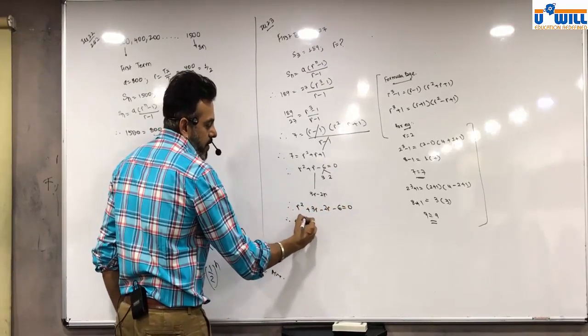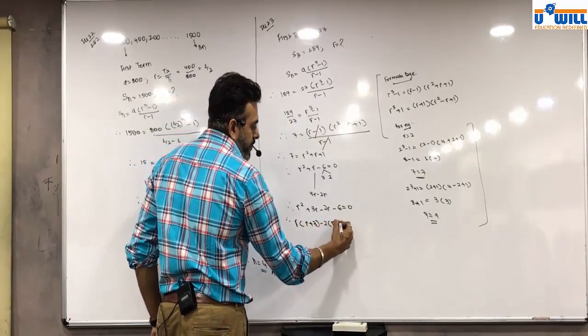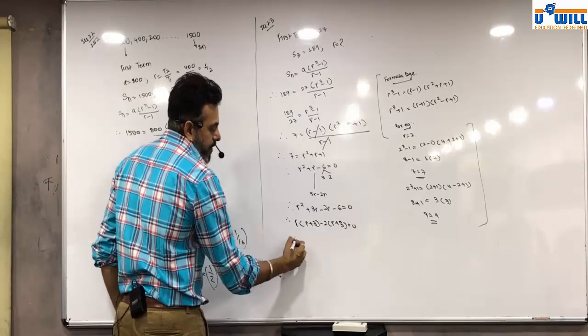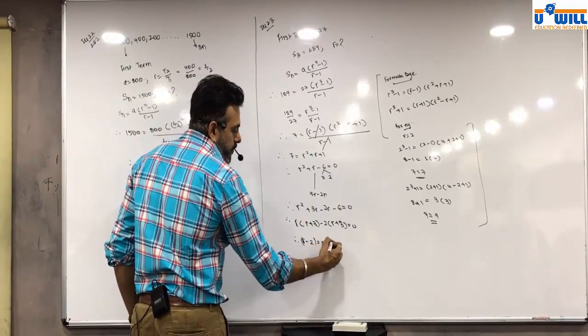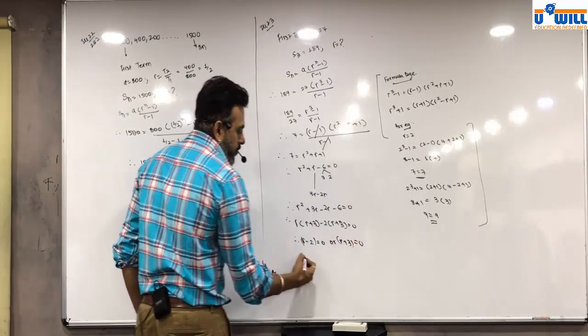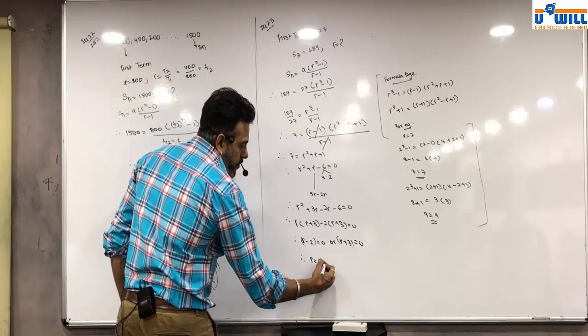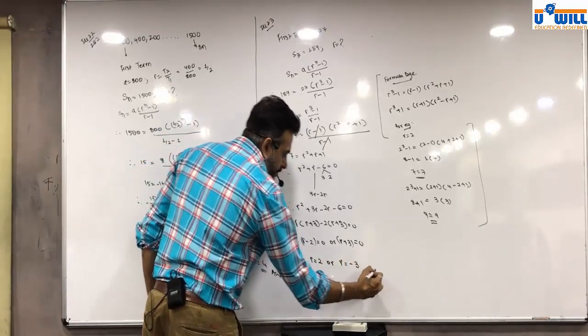Therefore R common, R plus 3, minus 2 common, R plus 3 is equal to 0. Therefore R minus 2 is equal to 0 or R plus 3 is equal to 0. Therefore R is equal to 2 or R is equal to minus 3.